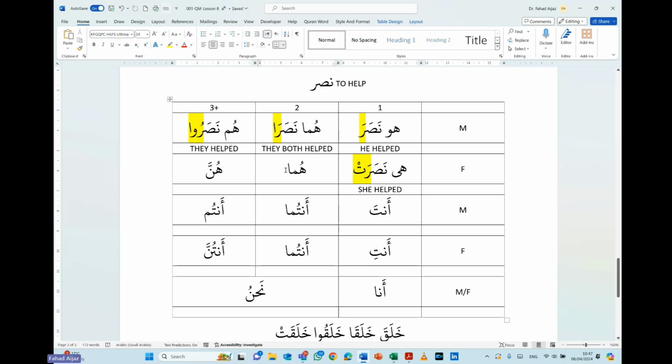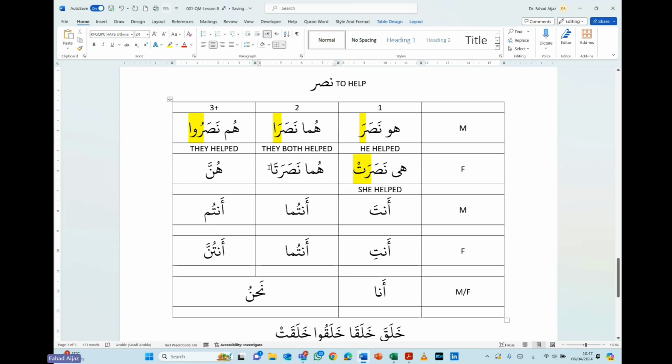So hiya nasarat. Huma, you take the huma of the masculine, the way it was, nasara, just like that, okay? You take that, and because you know that in the feminine world, ta is a letter that is used, you add the ta to it. Nasarata, okay?